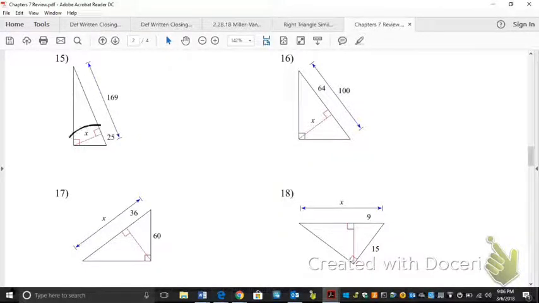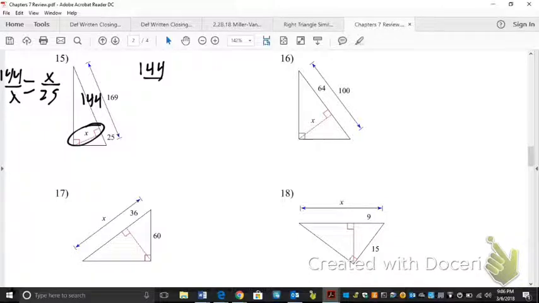Number 15. This is an altitude problem, okay? We don't know the altitude, and we are given the entire thing. Now we know that the altitude problem states that the altitude, x, is the geometric mean of both segments of the hypotenuse, okay?